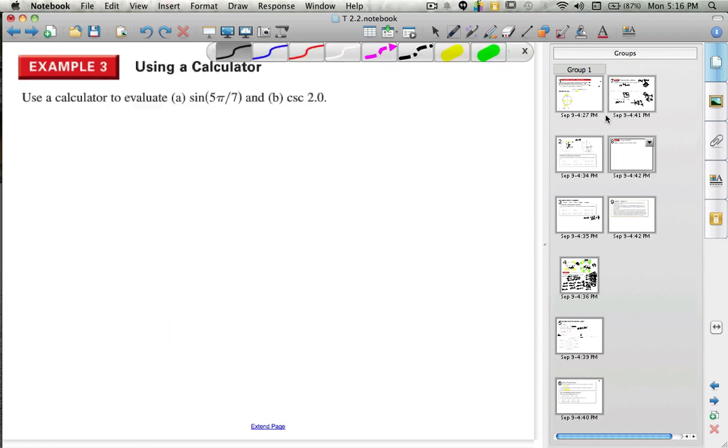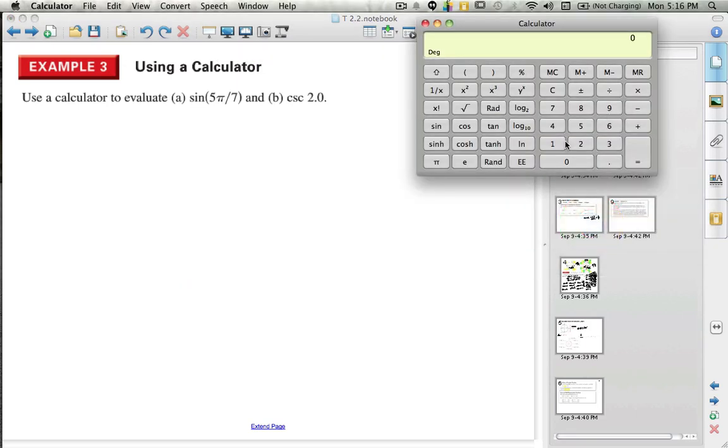Now if we want to use a calculator to evaluate these, if I want to do 5 pi divided by 7, I can do 5 times pi equals, then divide it by 7 equals, and then find the sine. It's 0.04 essentially.